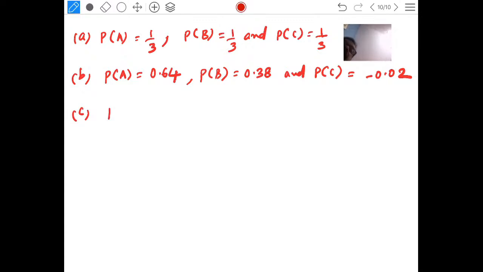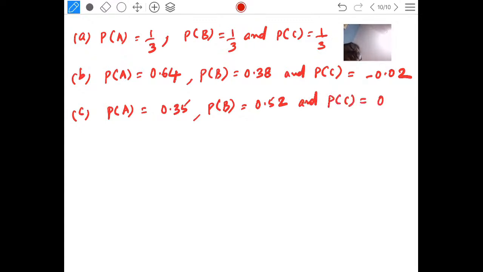Subsection C, P of A is equal to 0.35, P of B equal to 0.52 and P of C equal to 0.26.